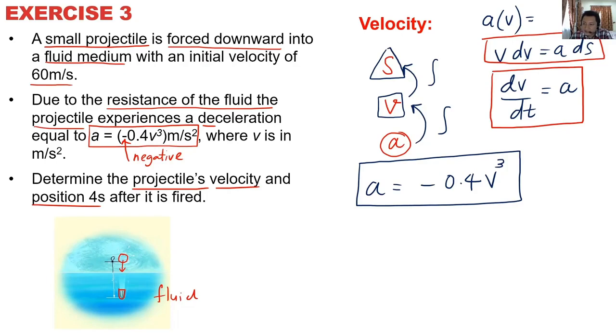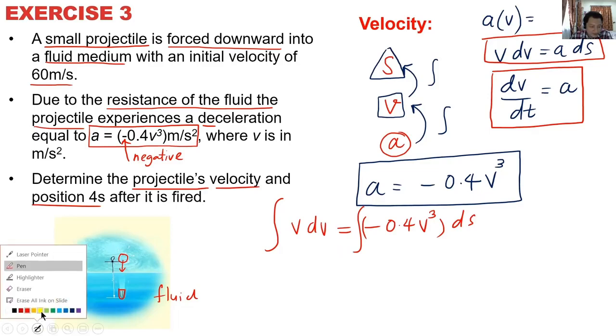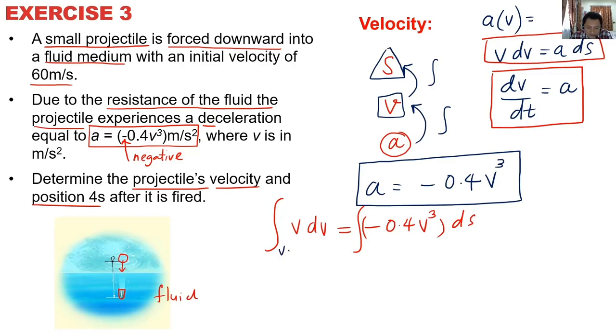If you plug in here in V dv equals A ds, what do you get? So let's try. V dv equals negative 0.4 v cubed ds. If you integrate both sides, you need to put in the initial conditions. V naught is equal to original velocity 60. V final, you don't know, right?